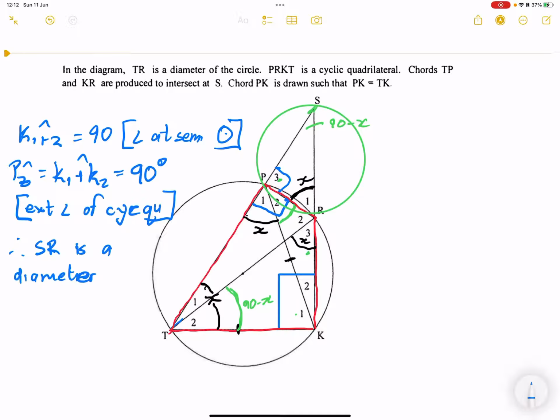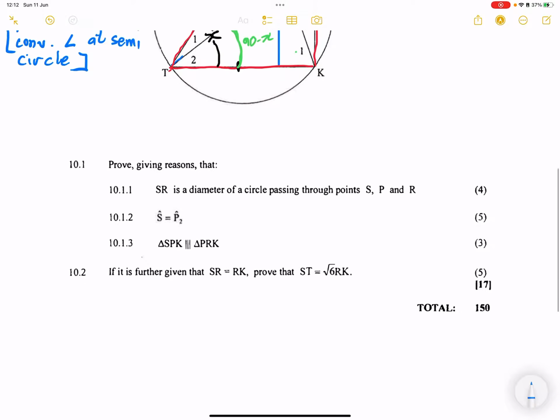Because in this case, P3 would be the angle at semicircle. So that's the converse of angle at semicircle. So if SR is the diameter, then definitely P3 would be the angle at semicircle. I hope that makes sense, ladies and gents. Let's go on to the next one.